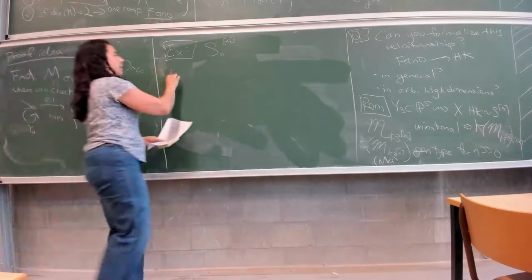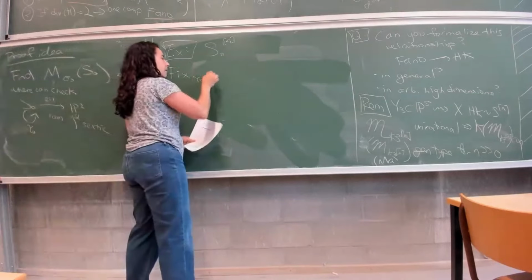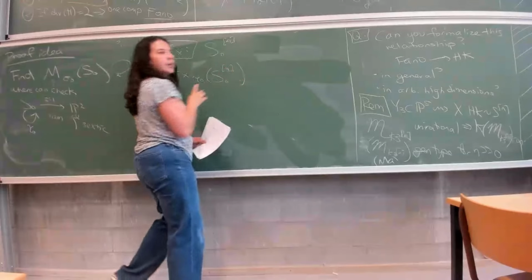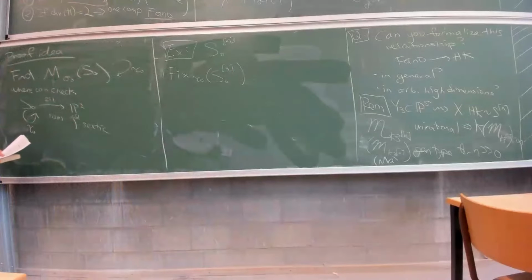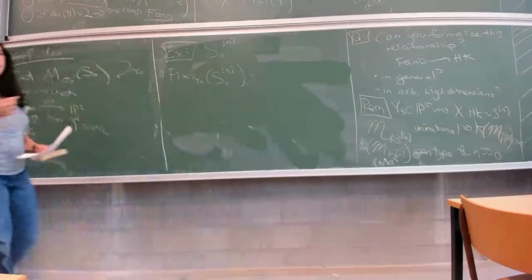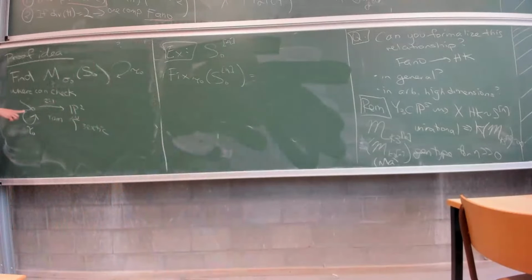Then what would the fixed locus of the involution on this Hilbert scheme look like? Well, how do I pick 4 points on my K3 surface that are fixed by the involution coming from this double cover of P2?